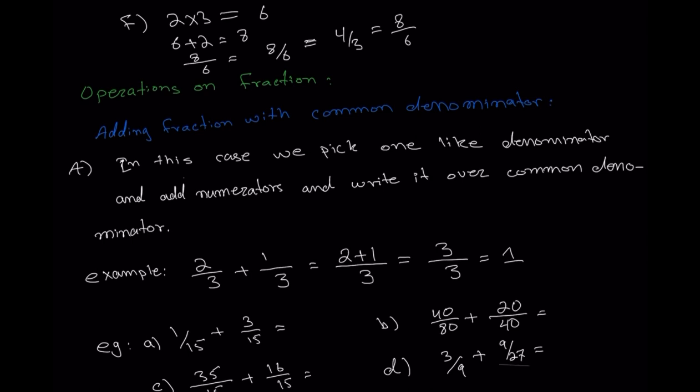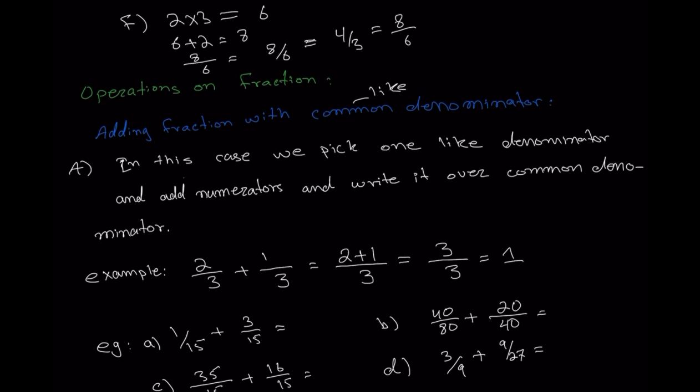So adding fractions with a common denominator, with like, same denominator. In this case, we pick one like denominator and add numerators and write it over the common denominator.